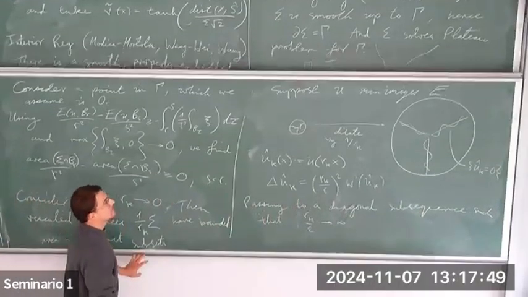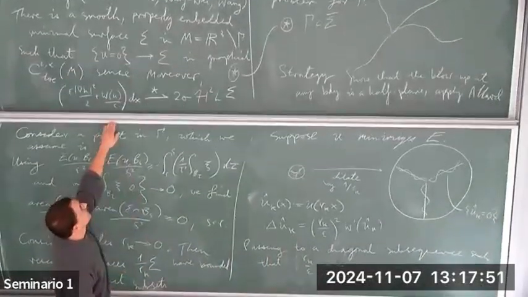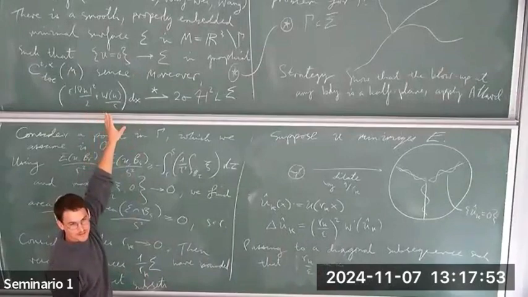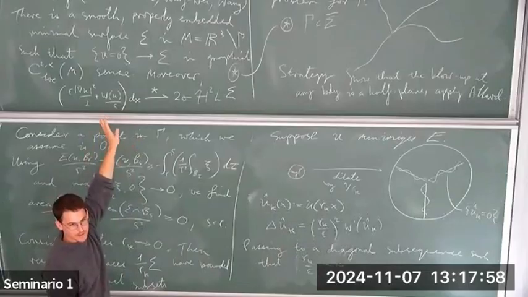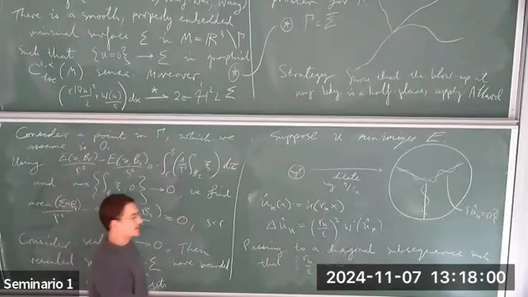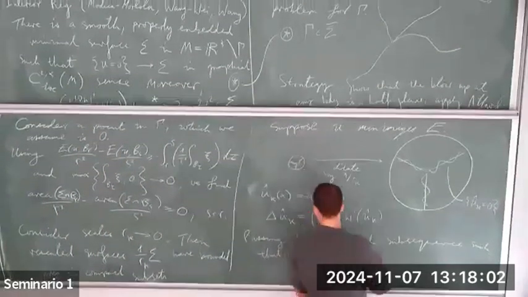Then this sequence of rescaled sections are still minimizers in their respective bundles. So the same interior regularity theory tells me that they converge in compact subsets.